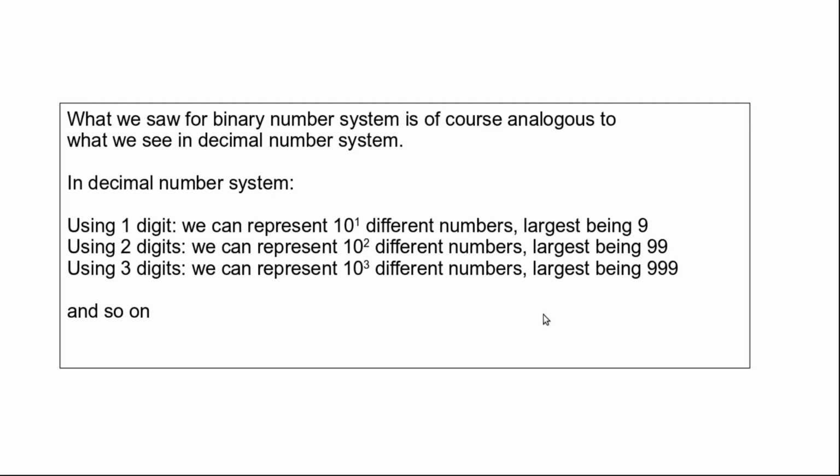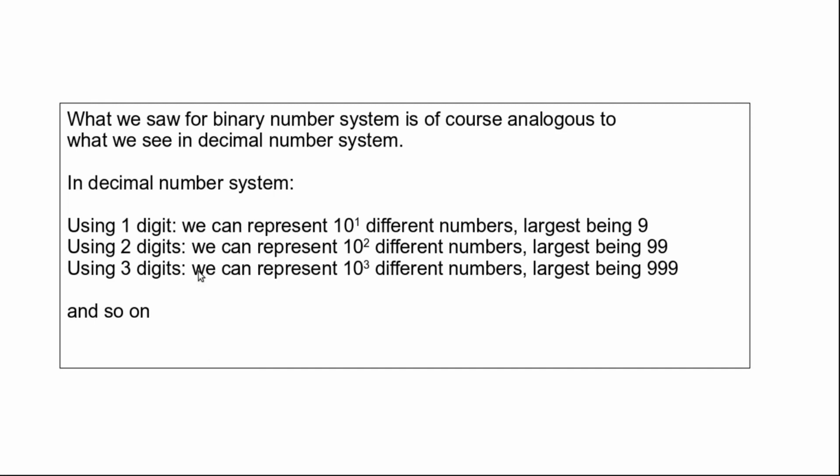What we saw here is actually something analogous to what we see in the decimal number system also. In the decimal number system, when we have only one digit, we can represent 10 different numbers, 10 to the power 1. And the largest number that we can represent will be 9. When we have two digits, we can represent 100 different numbers, that is 10 to the power 2, the largest being 99, and the range will be from 0 up to 99.